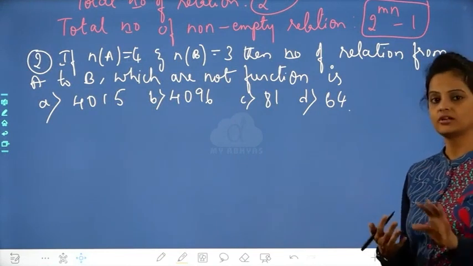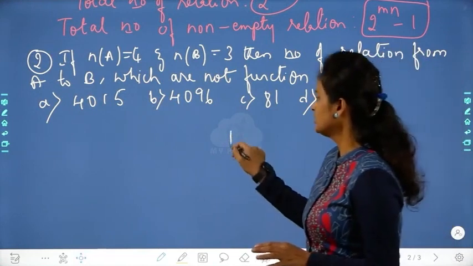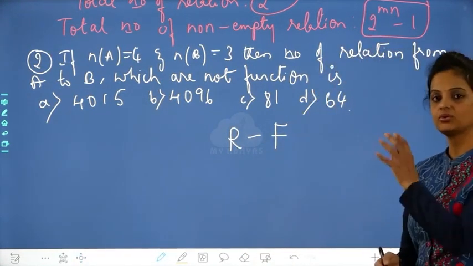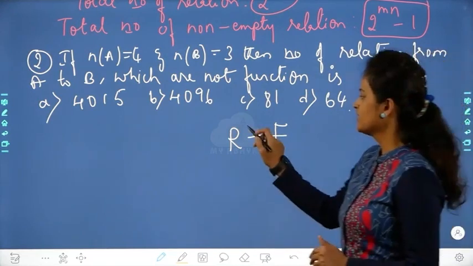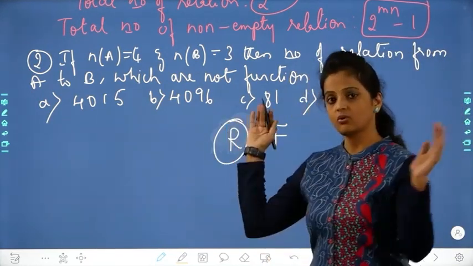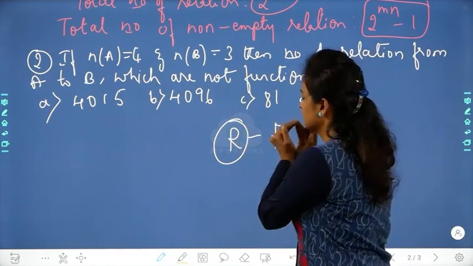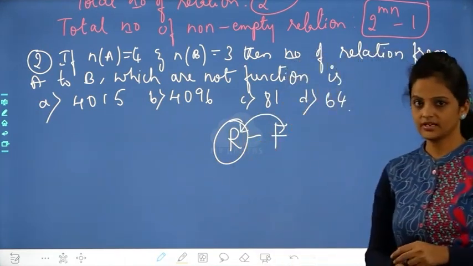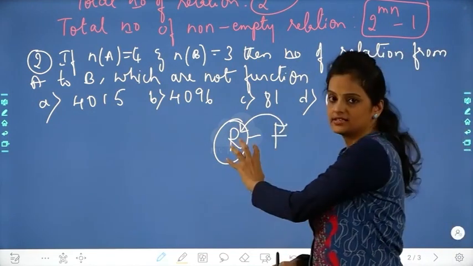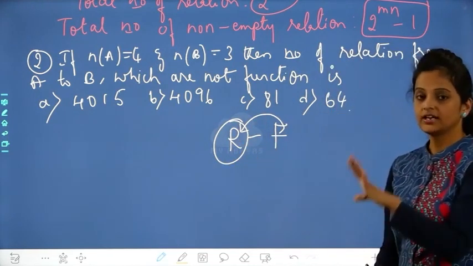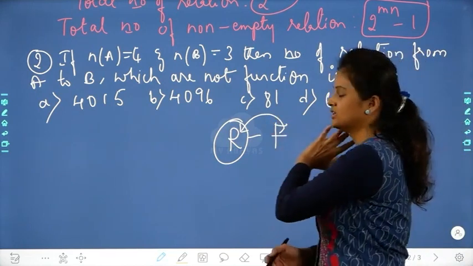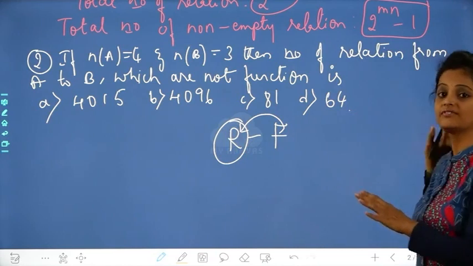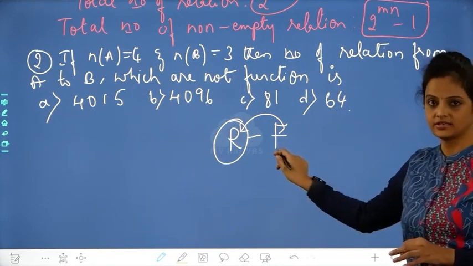In the total number of relations, if I subtract the number of functions, then I'll get only relations, right? Because when you take the total number of relations, the function is also there in this because that is also a relation. The relations we take should not be functions, so I have to subtract those.